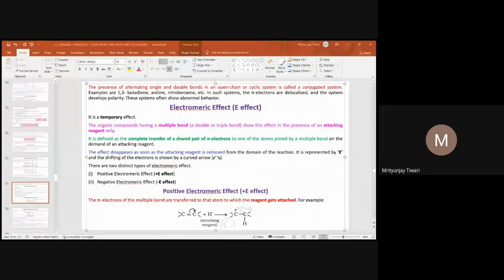So the electromeric effect wins over the inductive effect if both operate in opposite directions.